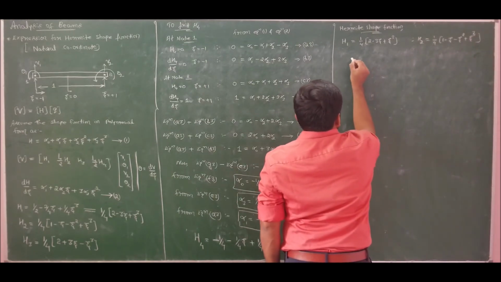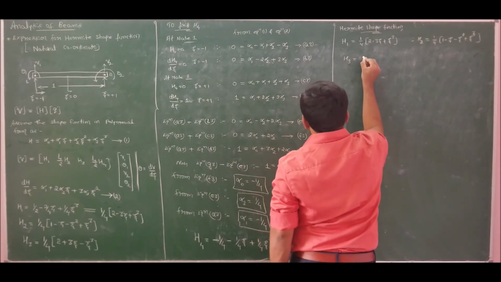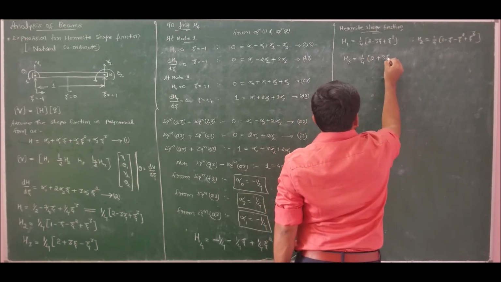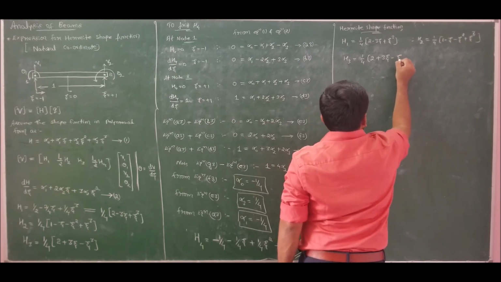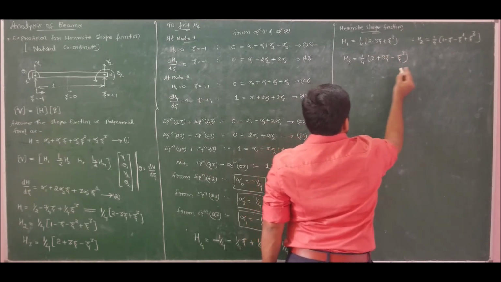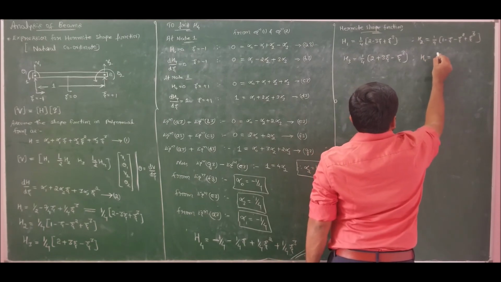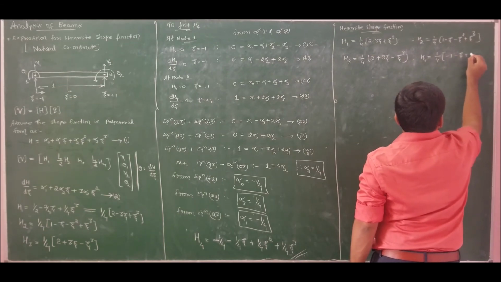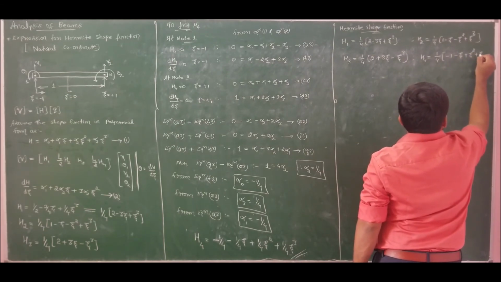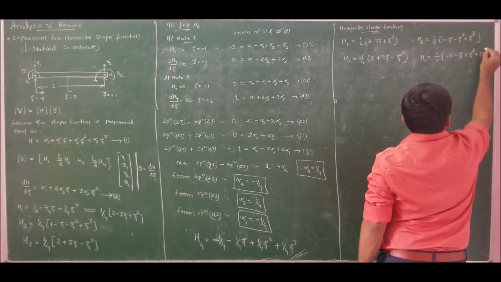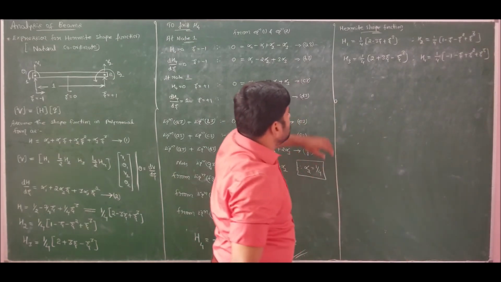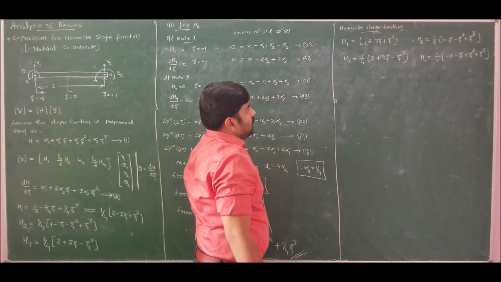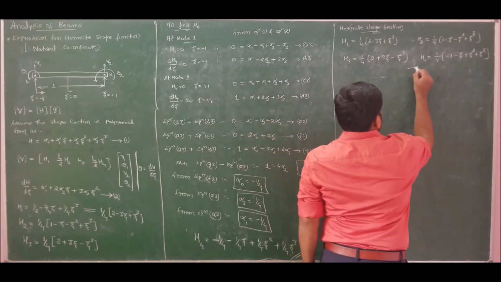H3 will be 1 by 4 of 2 plus 3 zeta minus zeta cube, and H4 is 1 by 4 of minus 1 minus zeta plus zeta square plus zeta cube. So if you observe, there is a similarity between H1 and H3, there is a similarity between H2 and H4. So this is about the Hermite shape functions.